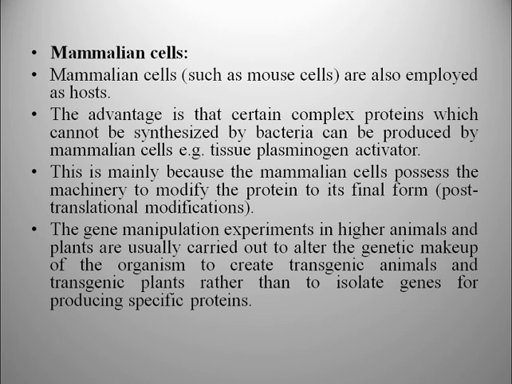So the gene manipulation experiments in higher animals and plants are usually carried out to alter the genetic makeup of an organism. मतलब जब हम transgenic plants या transgenic animals बनाना चाहते हैं, we just simply introduce foreign gene into the, अगर animal बनाना है then although various techniques हैं but it can be introduced in the say embryo of the animal and the whole transgenic animal can be produced.